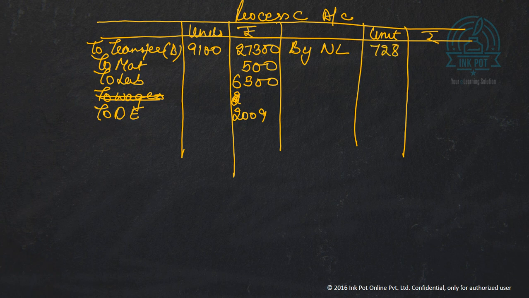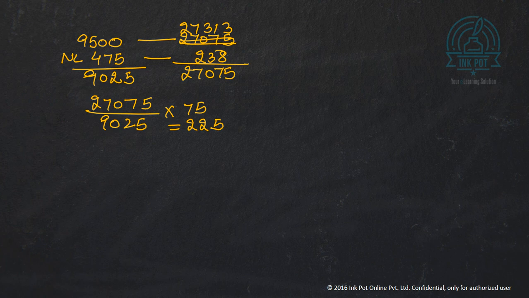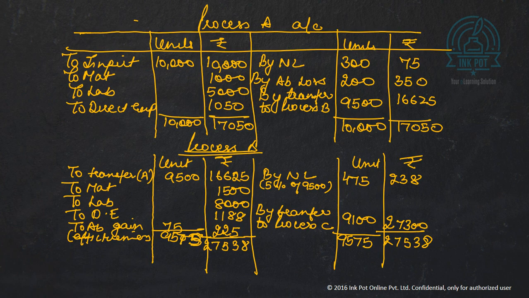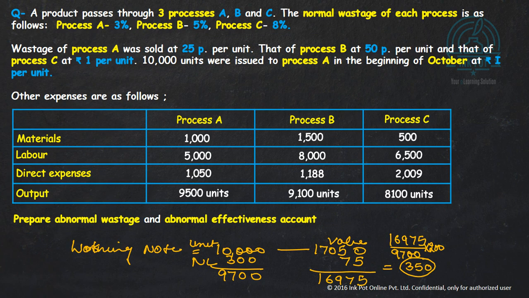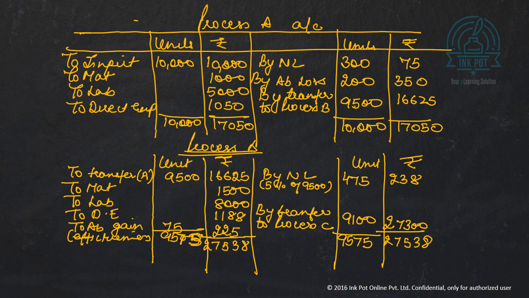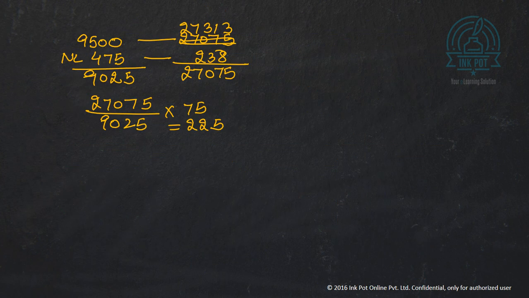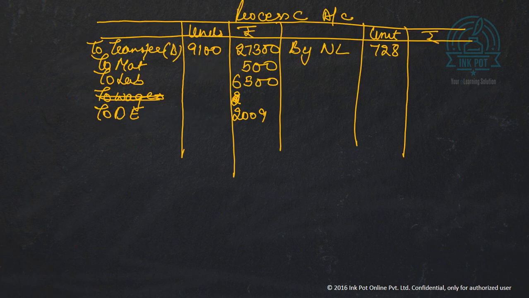Let me check the value of these units. The wastage of process C is 1 rupee per unit. So I'm writing here 1 rupee per unit. That means the value is 728, right?